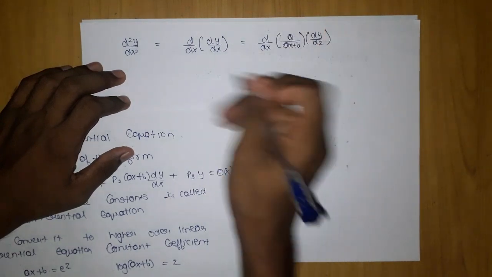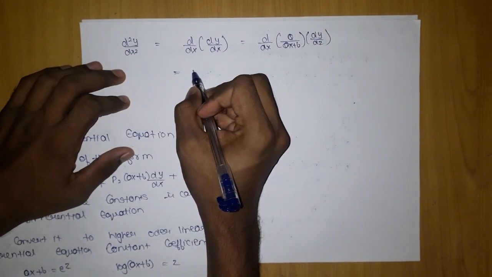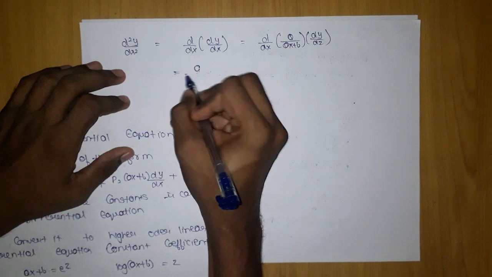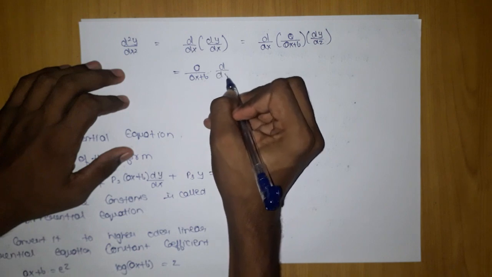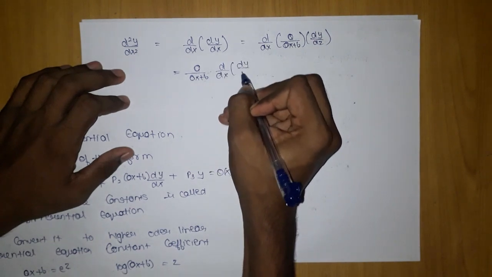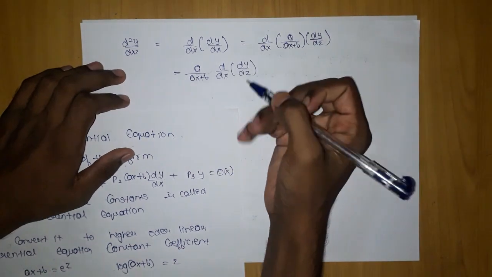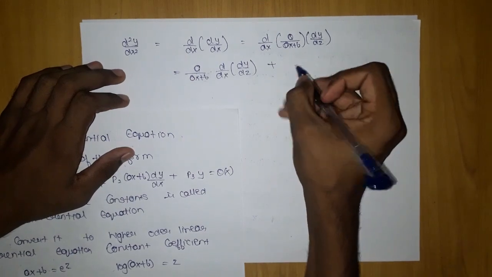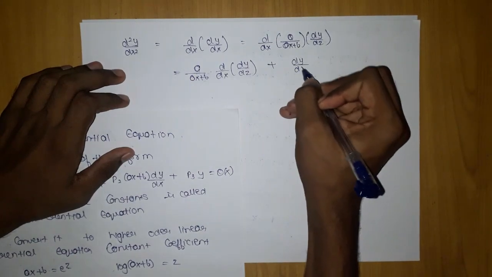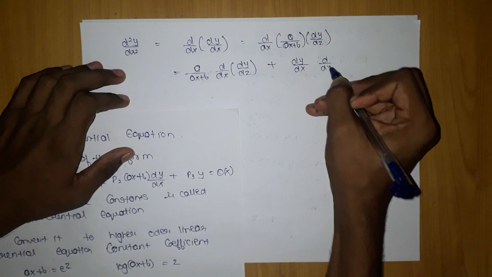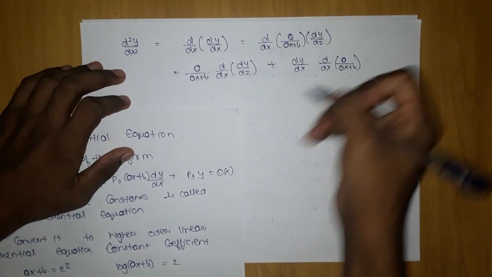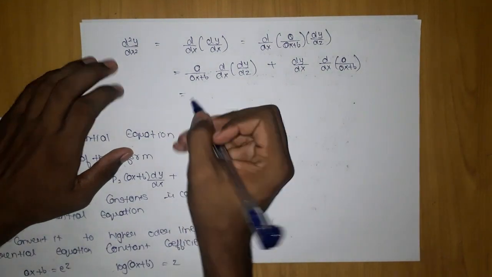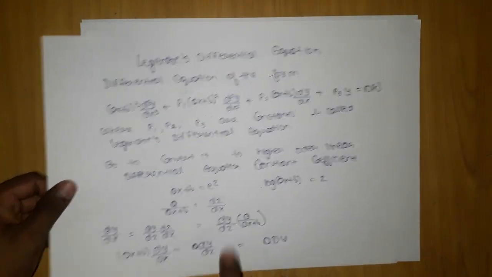Agree? Now we apply the product rule of differentiation: a/(ax+b) into d/dx of dy/dz, plus, keeping dy/dz as it is, we differentiate d/dx of a/(ax+b). After this, we only know dz/dx.